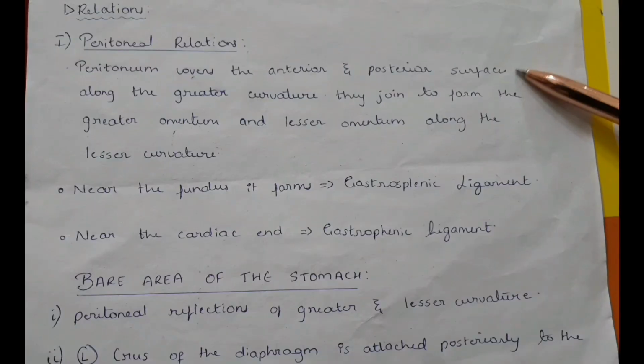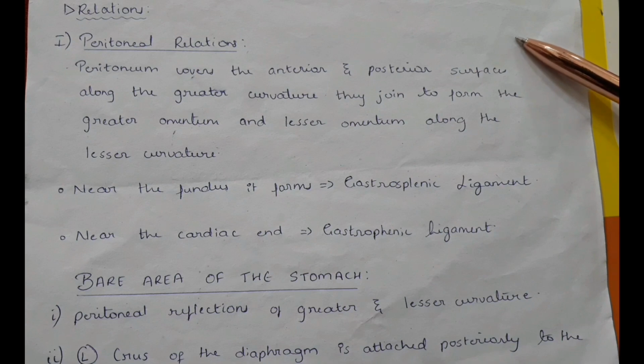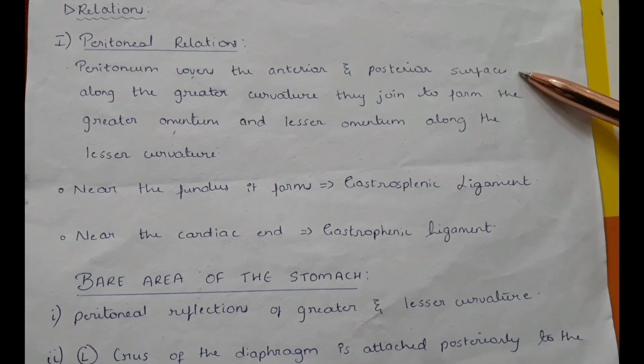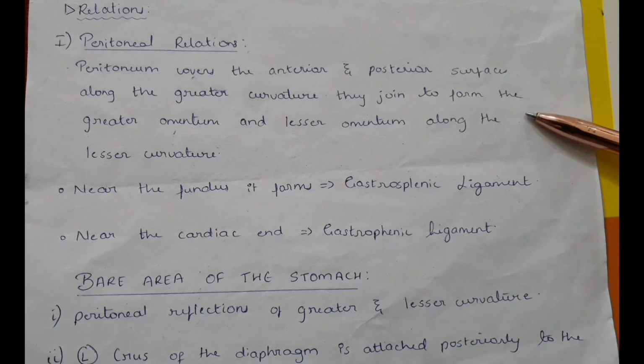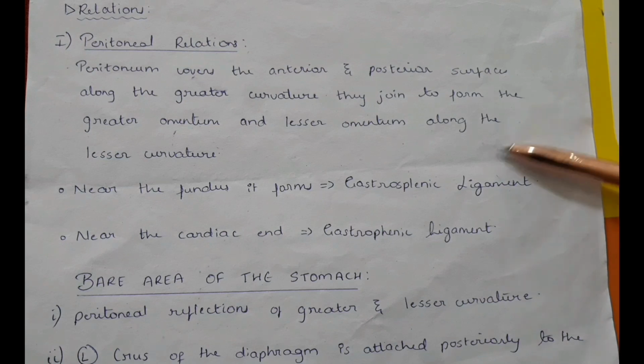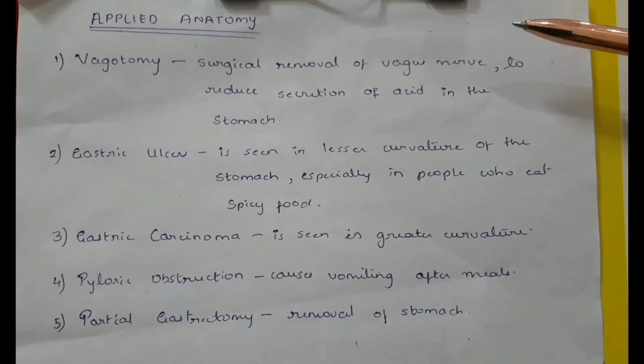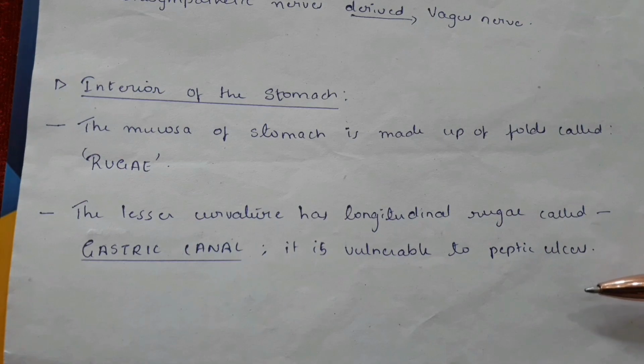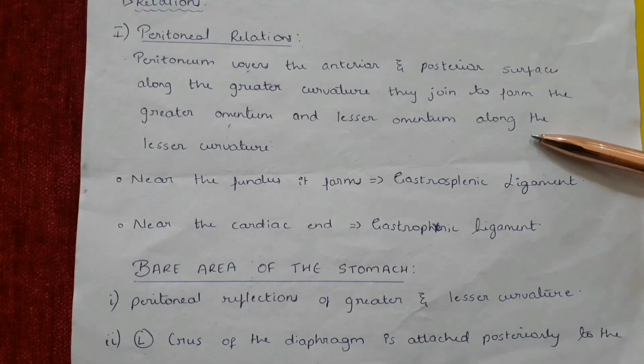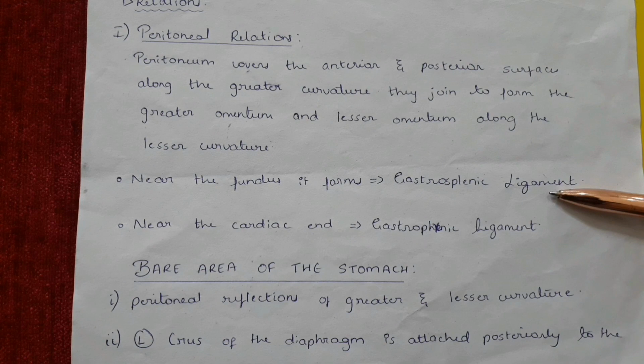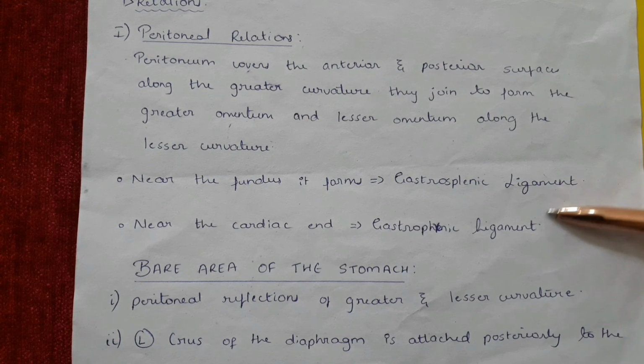Relations of the stomach. Peritoneal relations. Peritoneum covers the anterior and the posterior surfaces along the greater curvature. They join to form the greater omentum and the lesser omentum along the lesser curvature. Near the fundus, it forms the gastrosplenic ligament.